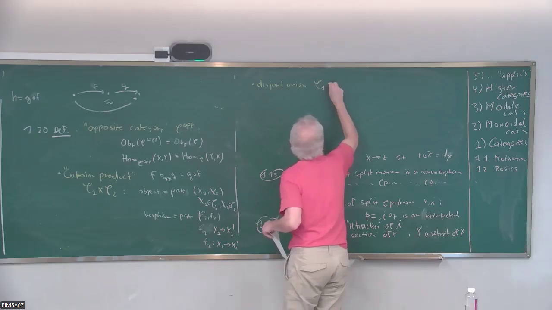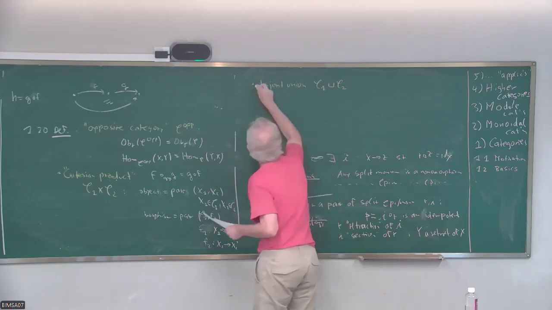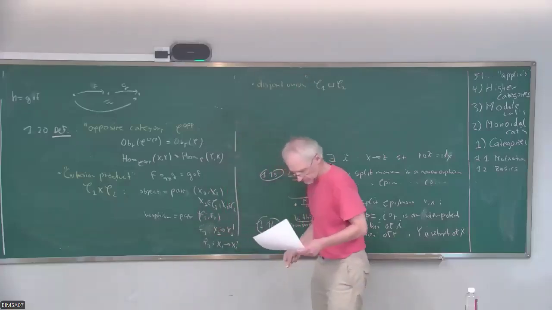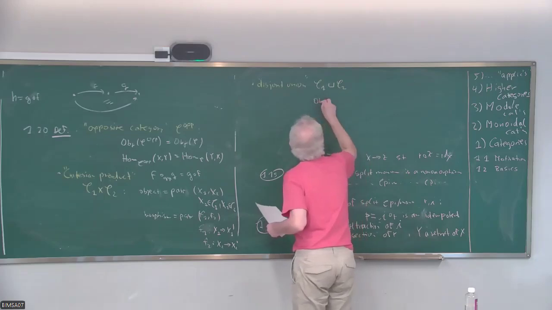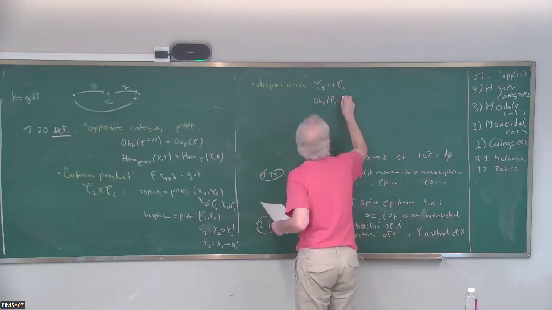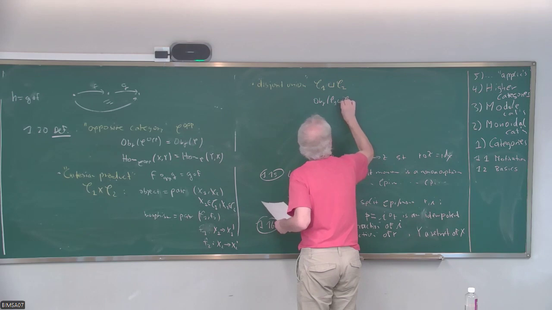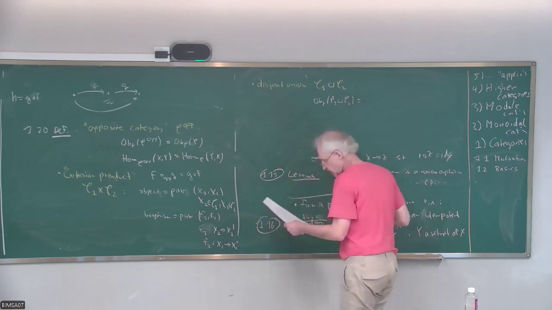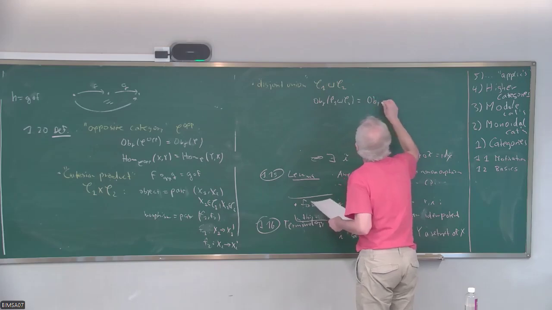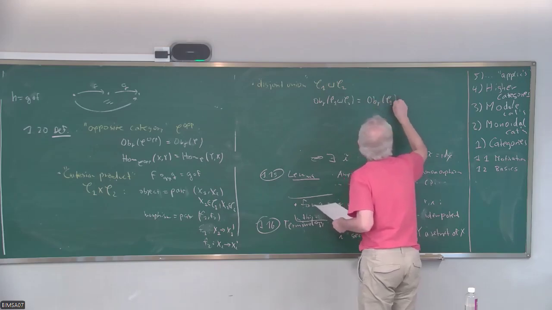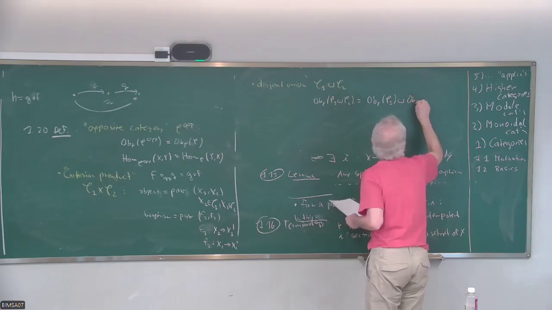Take C1, C2 of the categories. In this case, the objects are just a disjoint union of the objects of C1 and those of C2.